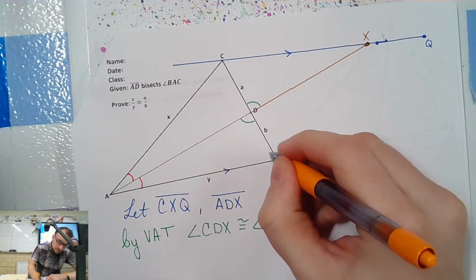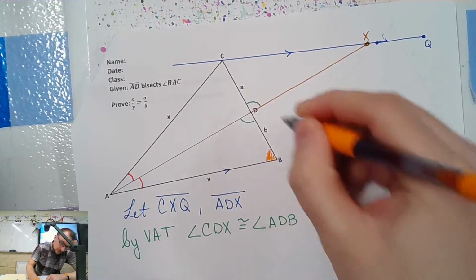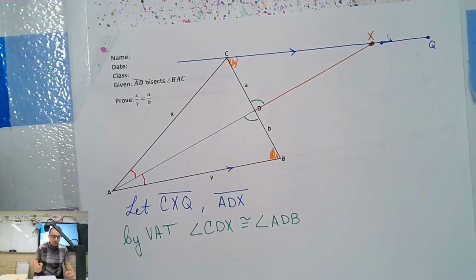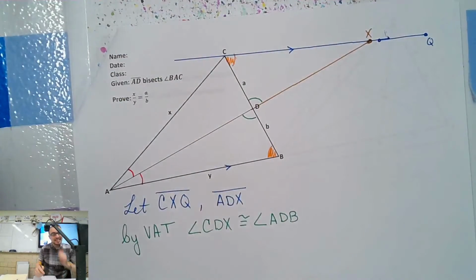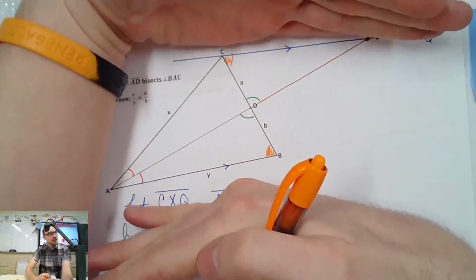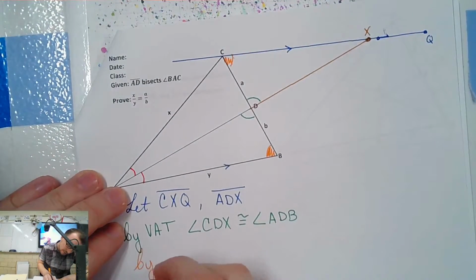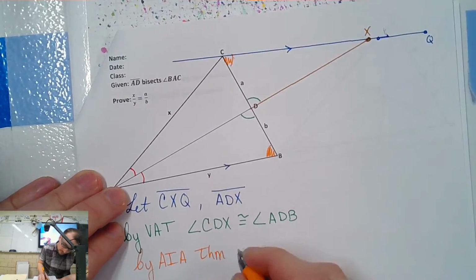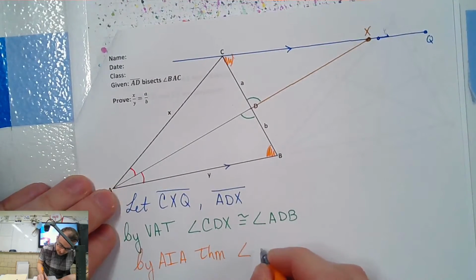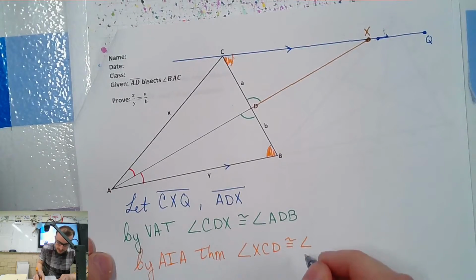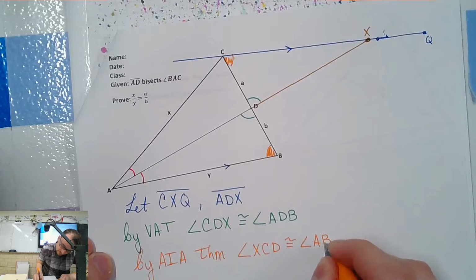Does everybody see that these are alternate interior angles? Because we have two parallels cut by a transversal. They're interior because they're inside the parallels, and they're alternate because they're on opposite sides of the transversal. So by alternate interior angles theorem, angle XCD is congruent to angle ABD. Cool?